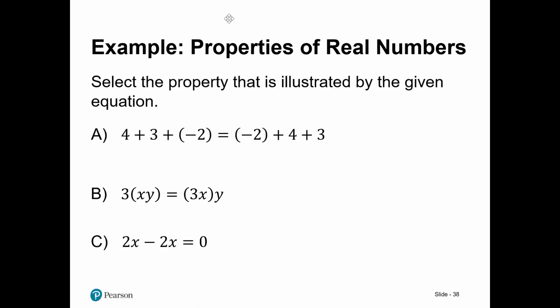Okay, so for example, we want to select a property that's illustrated in the given equations. We have 4 plus 3 plus negative 2, and now we have negative 2 plus 4 plus 3. So we have these two numbers together, and then this 2 switched out in front.